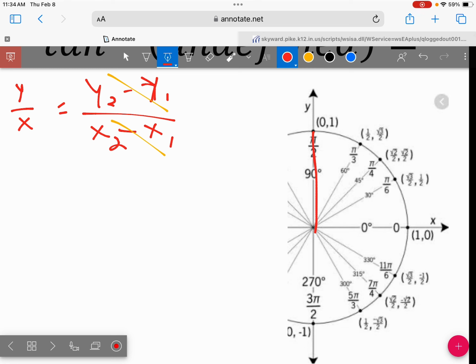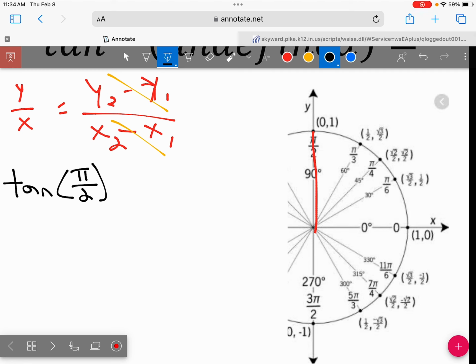Can a vertical line have a slope? No. Think about it. Our slope equation relies on a difference in x's. A vertical line only happens at one x. That puts a 0 in our denominator. What happens when there's a 0 in our denominator? DNE, undefined, right?